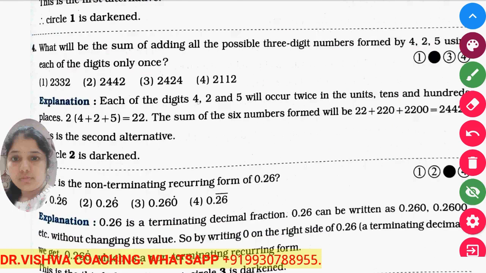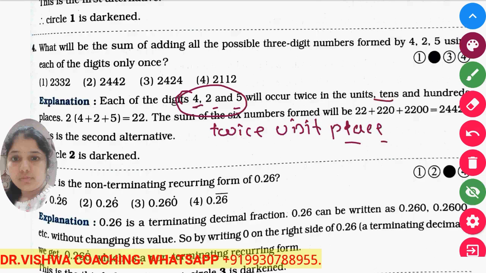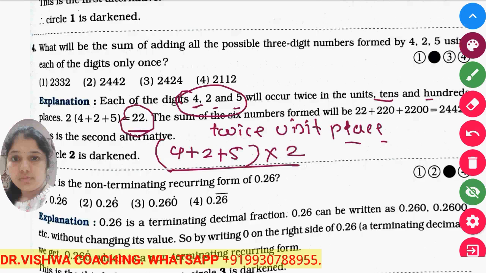The trick is this: 4, 2, 5, when we form the combinations of the digits, each digit comes twice at unit place, the same way twice at tens place, twice at 100 place. So we just add them, 4 plus 2 plus 5, and multiply it by 2. So it becomes 22.